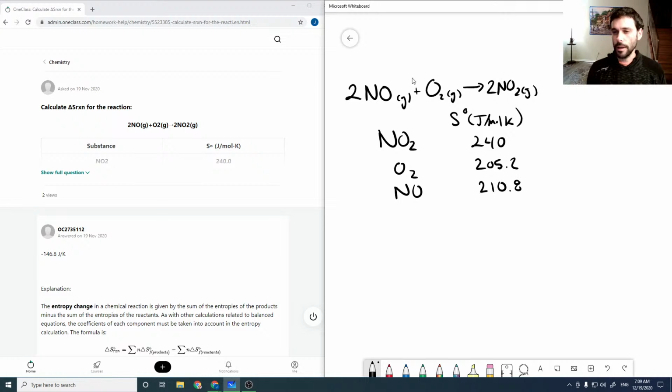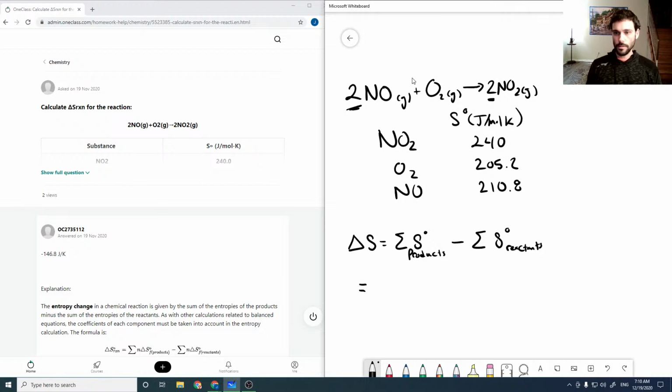And for NO is 210.8. So given a table of standard entropies, we can calculate delta S as the sum of our standard entropies for products minus our sum of standard entropies for reactants. And we include our stoichiometric coefficients.